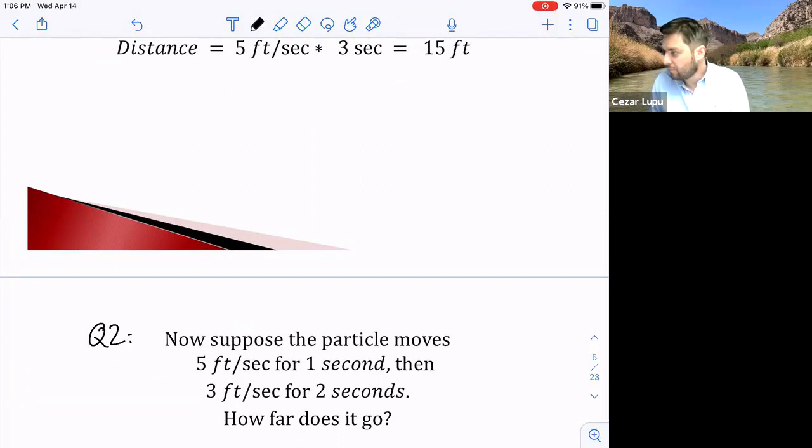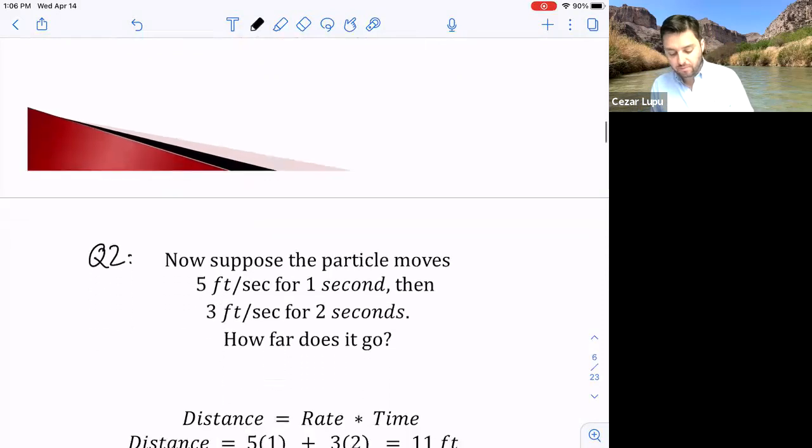11. And why is that? Exactly. So it's rate 1 times time 1 plus rate 2 times time 2. Great.